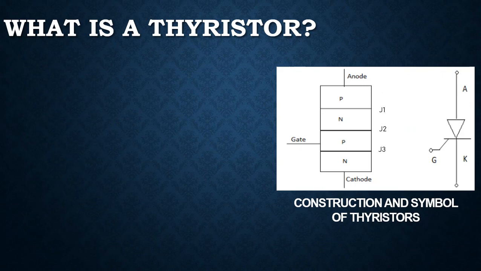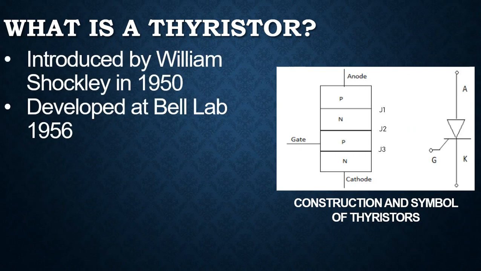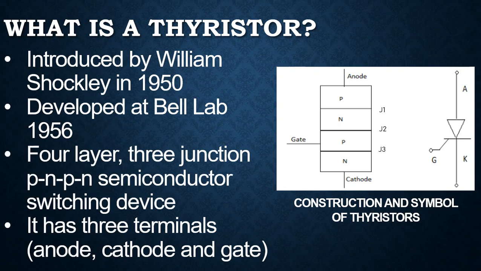What is a thyristor? Thyristor was introduced by William Shockley in 1950 and it was developed at Bell Lab in 1956. Thyristor is a four-layer, three-junction PNPN semiconductor switching device. It has three terminals, namely anode, cathode, and gate.